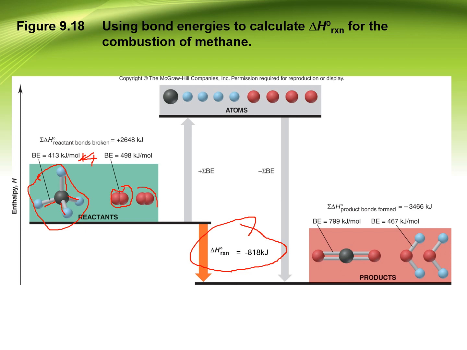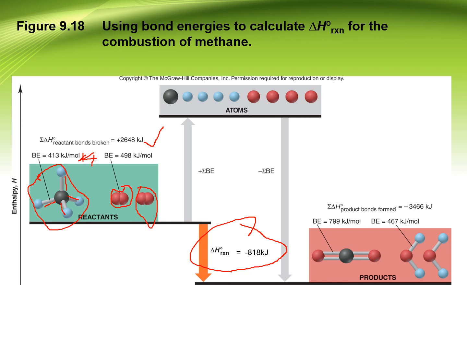Since it has a 2, 498 must be multiplied by 2. When you calculate this, you will get this amount, meaning that this much energy is needed to break the bonds.